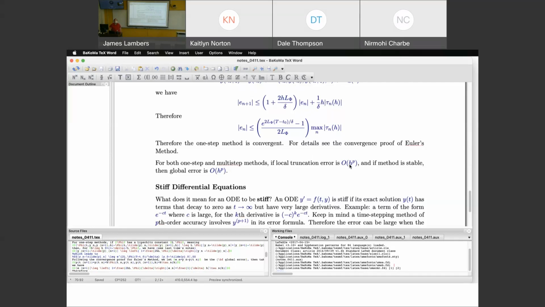Which is actually why the local truncation error is defined the way that we do, where we rewrite the numerical method in a way that mirrors the ODE, where we're dividing both sides by h. So that convention to define consistency in that way makes it convenient that all you have to do is figure out what the order of the local truncation error is, show that the method is also stable, and then you know what the order of magnitude of the global error is too.